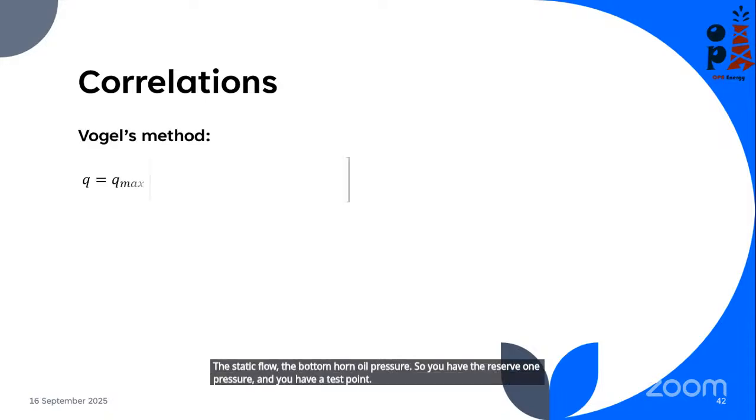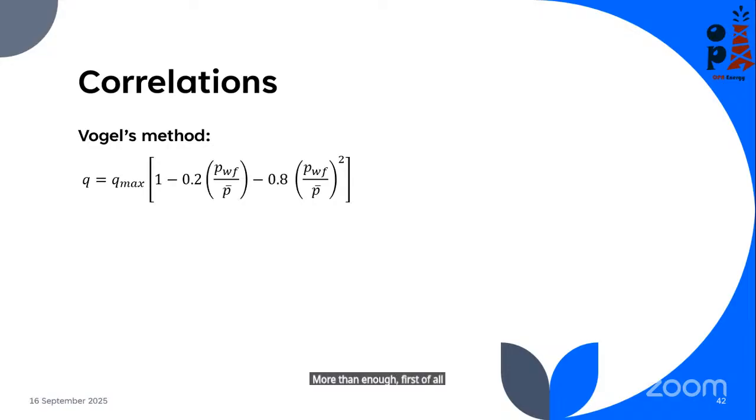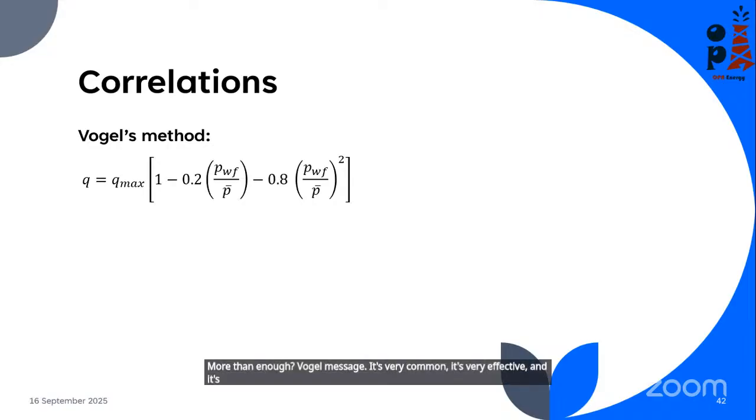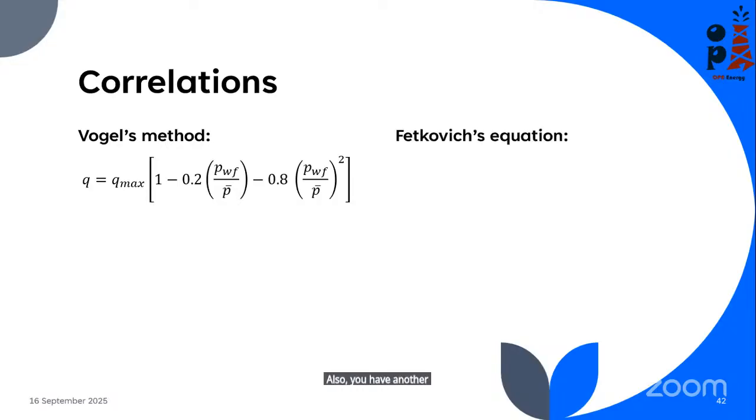More than enough for the Vogel method. It's very common, it's very effective, and it's very important to understand. Also, you have another correlation called the Petrovich equation. Also, if you have two test points and you are okay to go, you will calculate everything you need.